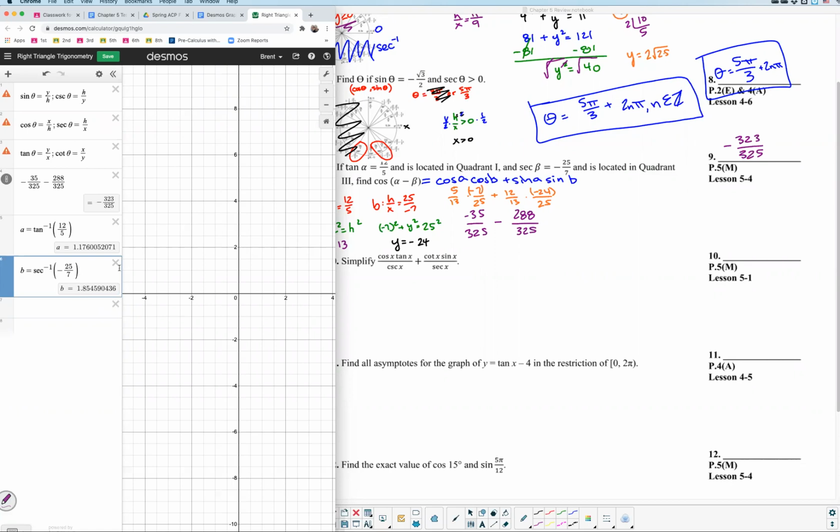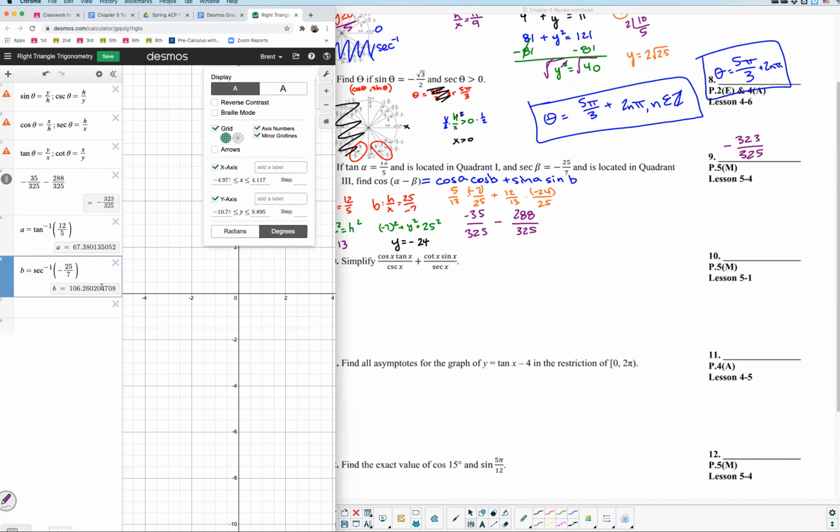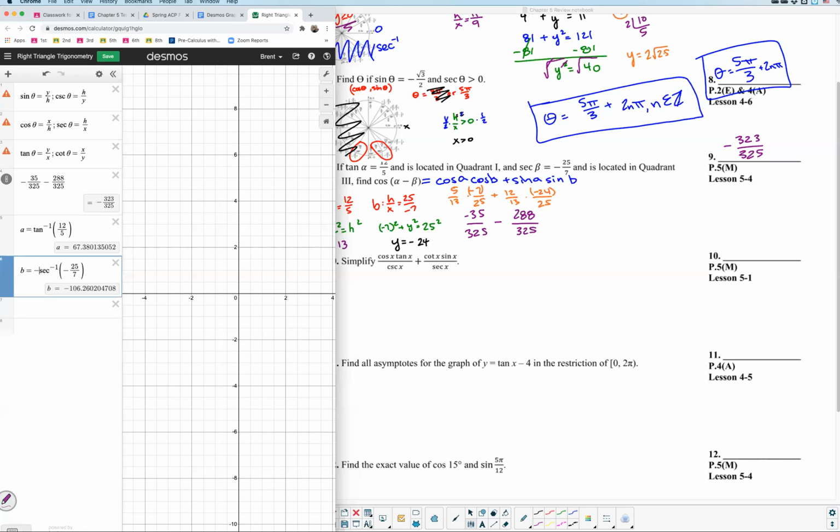I think in terms of radians, let me turn this to degrees. Yeah, that's second quadrant. We need that to be third quadrant, which, what's the rule for that? I forget. That would be 106 degrees. I'm thinking of a unit circle here, 106 this way. We need to be in the third quadrant, which would be like -106. I think I just need to make the answer here negative, and that would work.